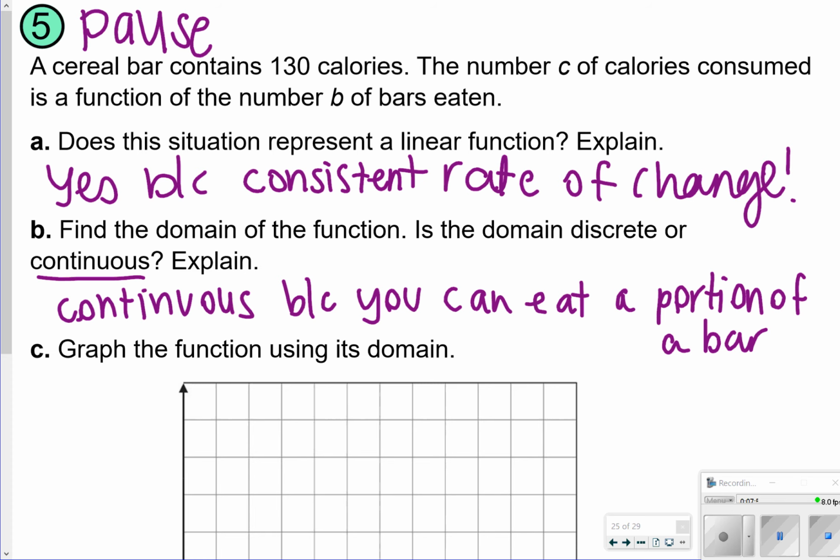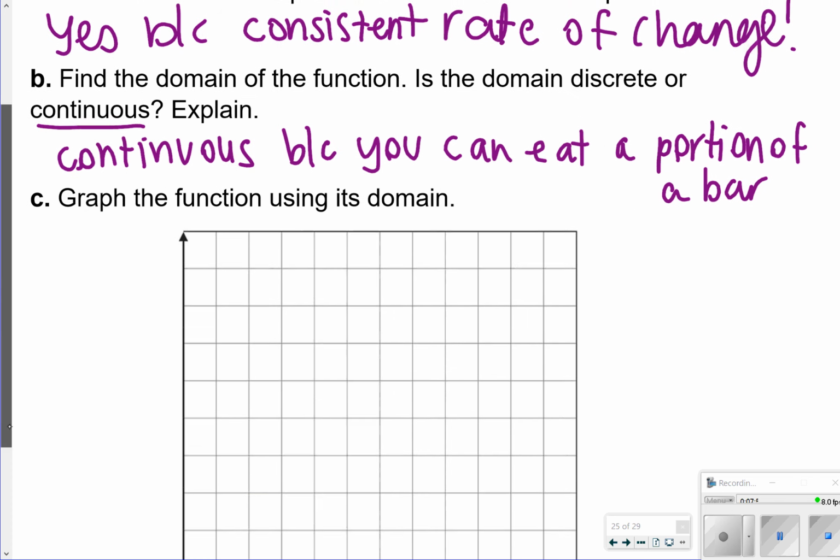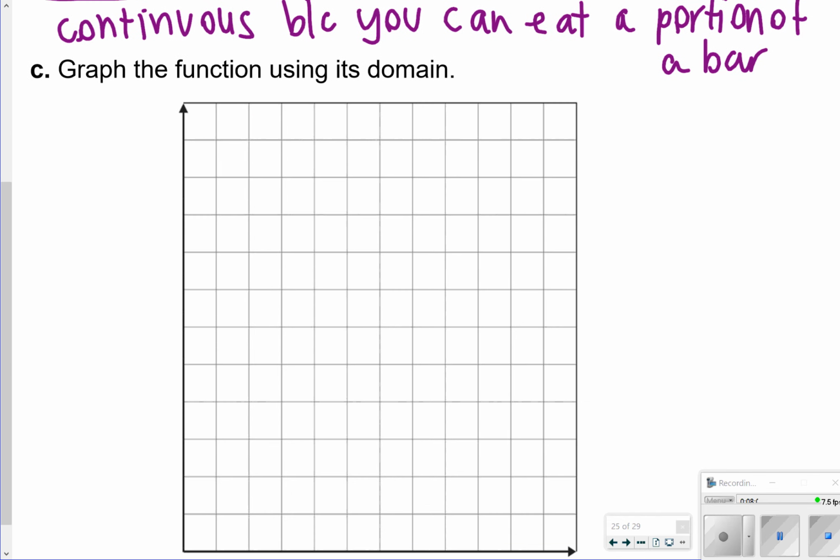Okay, so like you could eat 1.5, 1.25 bars, etc. So the domain could be anything greater than or equal to 0.